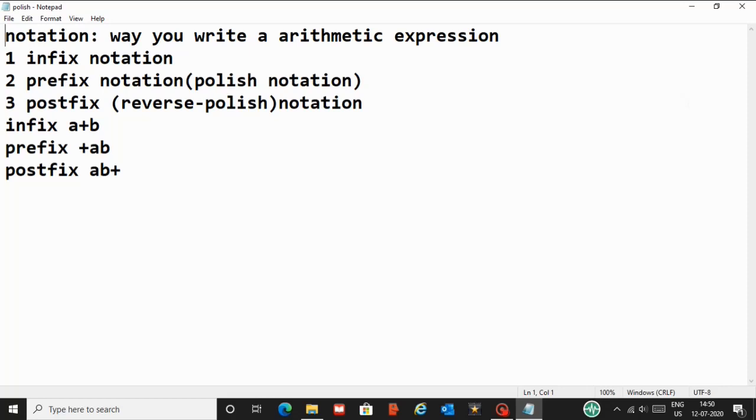But the same cannot be said for computing devices, because whenever you evaluate an expression, precedence and associativity are the two important factors which need to be considered when you are solving an expression. We will discuss what is precedence and what is associativity.